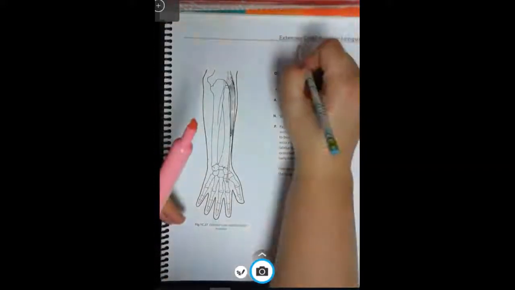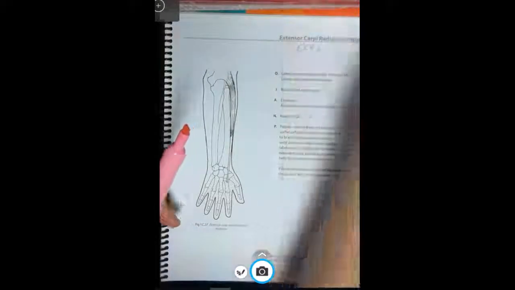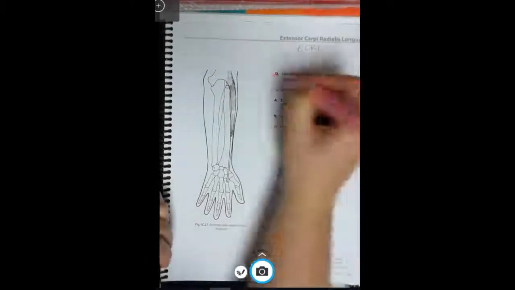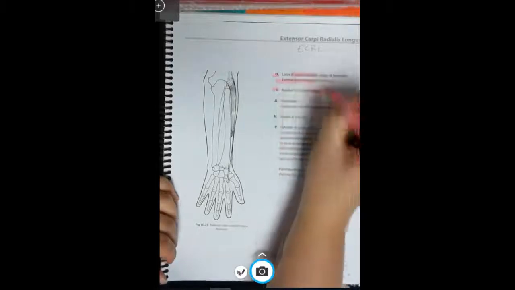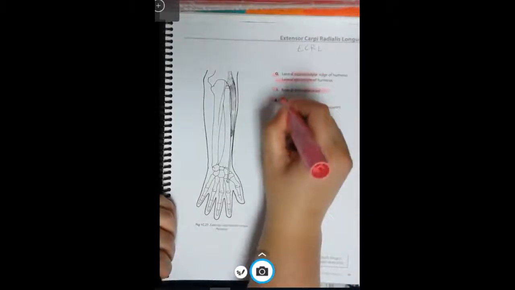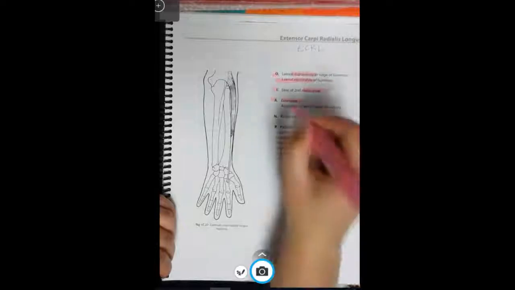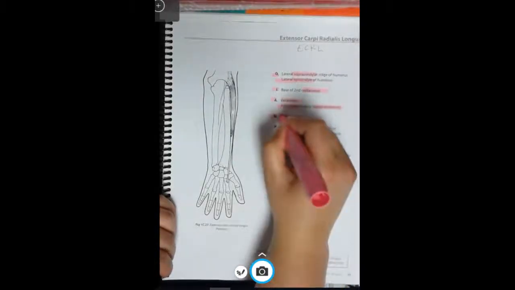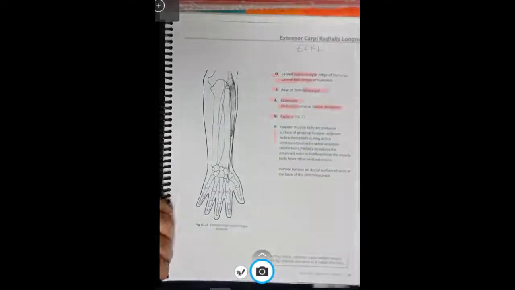Extensor carpi radialis longus. Okay, we got our supracondylar ridge and our lateral epicondyle of the humerus, and we're going to the metacarpal. It's going to help with extension, that's what that name tells you, and then abduction or radial deviation, and this is your radial nerve. You can palpate this one.